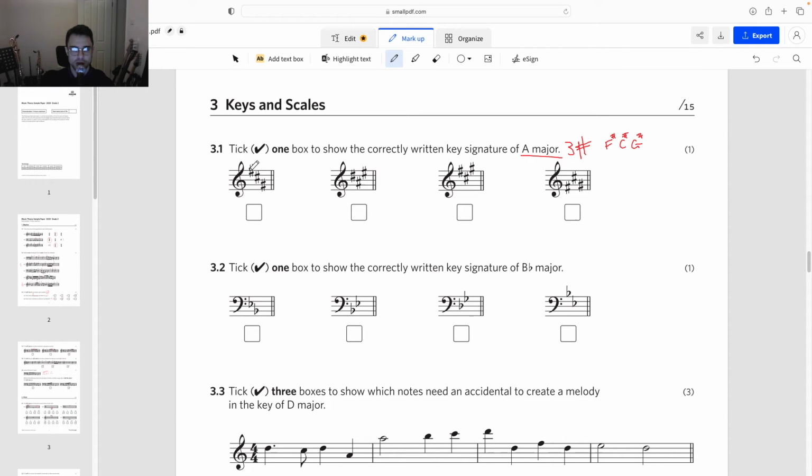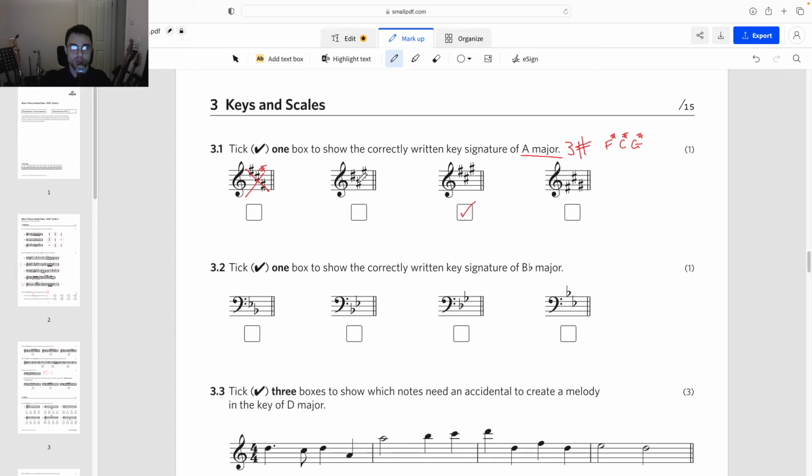All right, so what have we got here? F sharp, C sharp, G sharp. Oh, well, that's in order, but it's actually wrong, because this G sharp needs to be up here. So can we find a bar that looks like that? There it is. F sharp, C sharp, G sharp. That's our A major key signature. What have they got here?